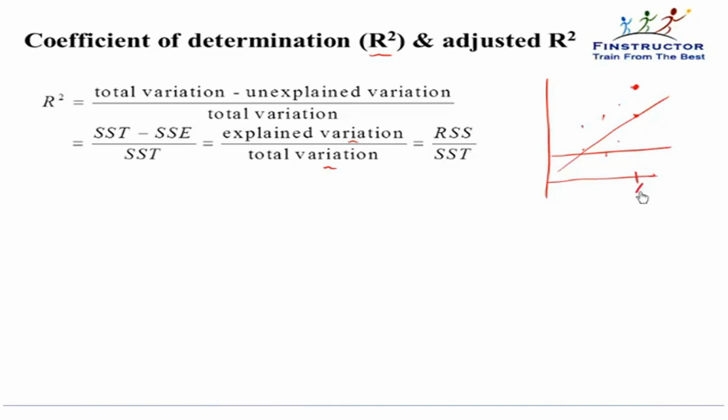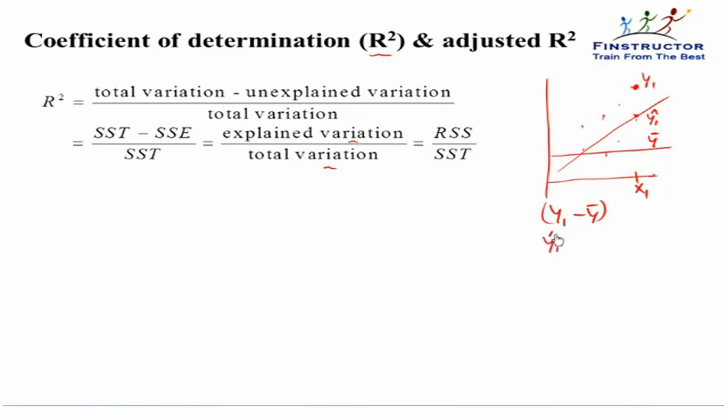So for a given value of the independent variable, the actual value of the dependent variable is historically available. The predicted value is given by the regression equation, and the mean can be calculated from the historical values of y. The distance yi, or rather y1 minus y bar, is called total error.